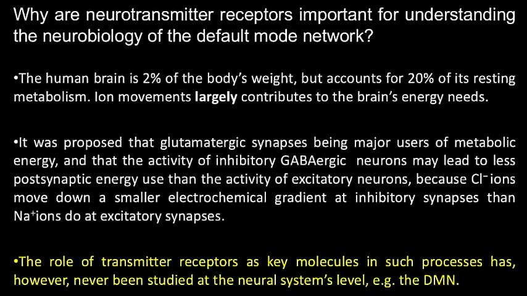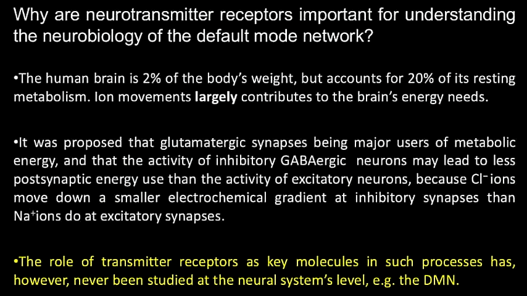Or, from another perspective, we have heard about macroscale, mesoscale, microscale up to now. Now I try to bridge nanoscale receptors with mesoscale, the concept of resting state systems and default mode network.